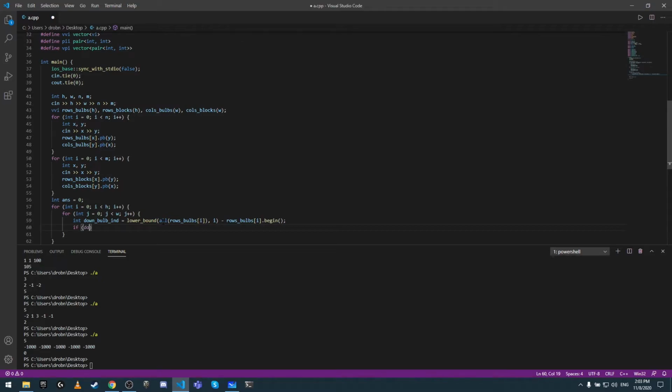If down bulb index equals I, which means that it equals J, right? Because the same column. So we are searching along the row, and we are finding the. I see how I will not implement this in time. Then I'm gonna cry.